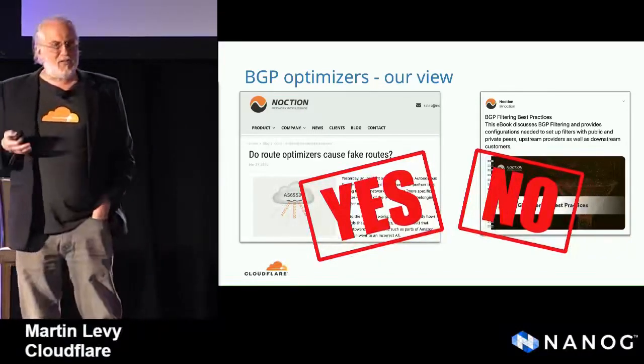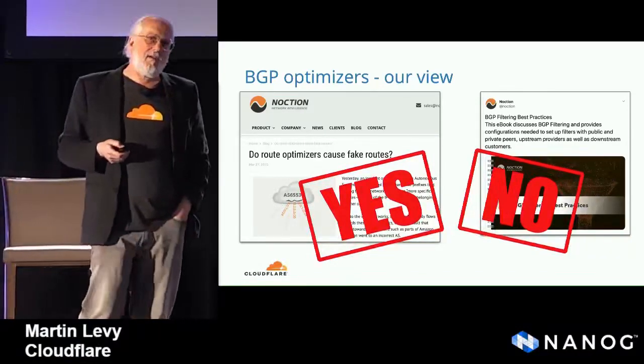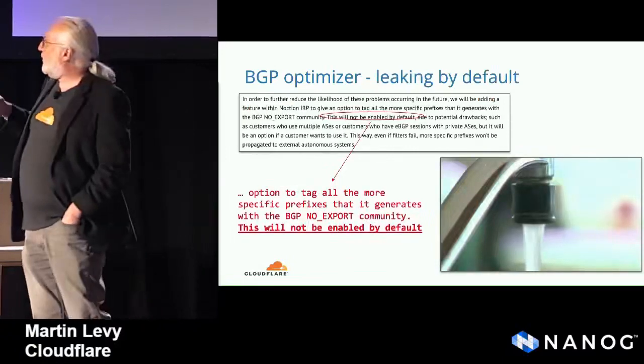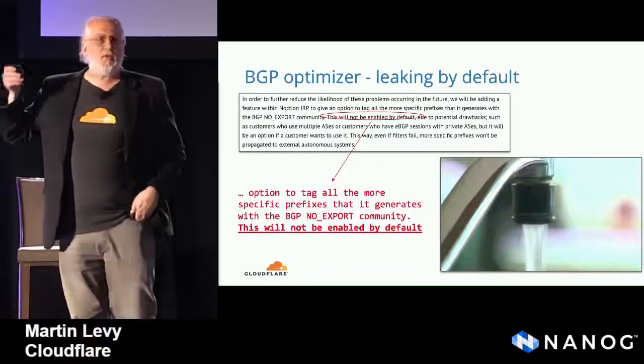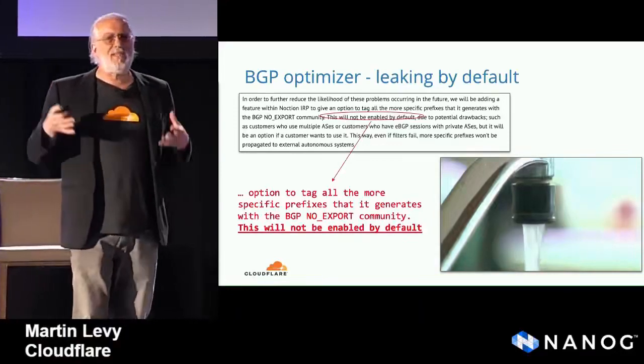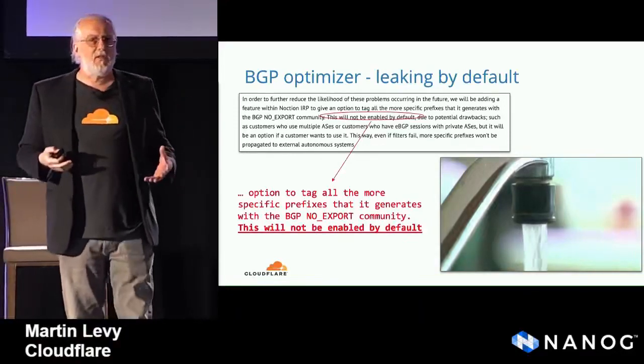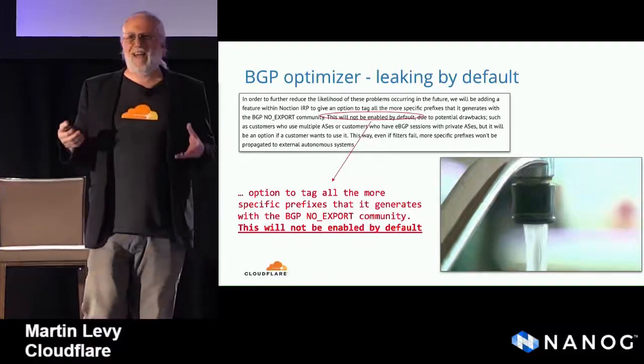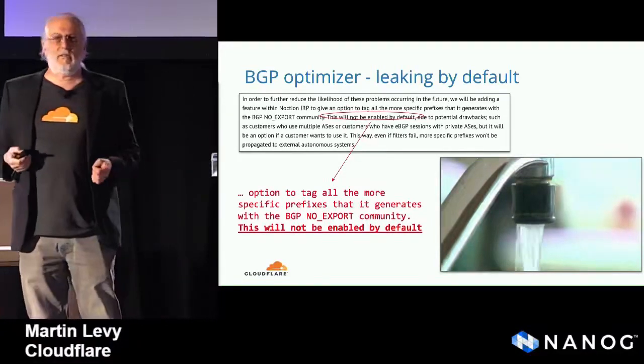Do they have a book that says that the routes won't leak? Actually, that's not true, because what they need to do is to make sure that routes don't leak by using standard methodologies. The no export option within BGP is as old as the hills.